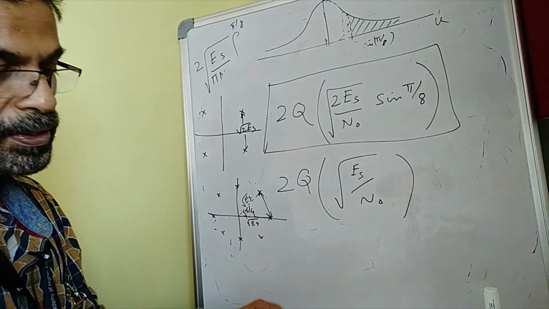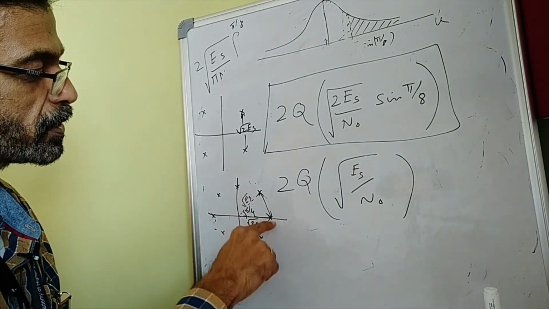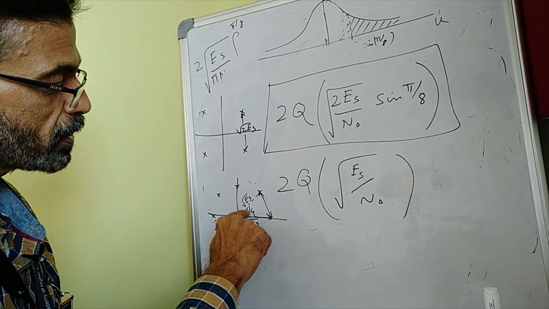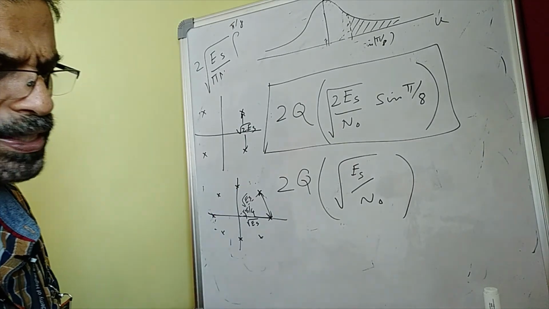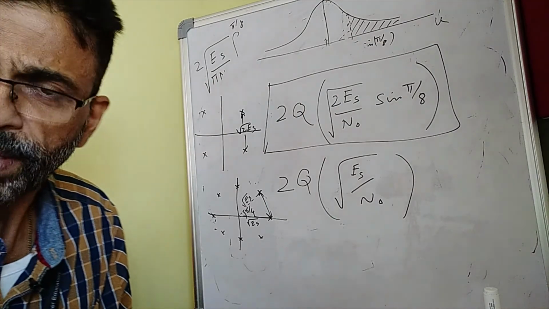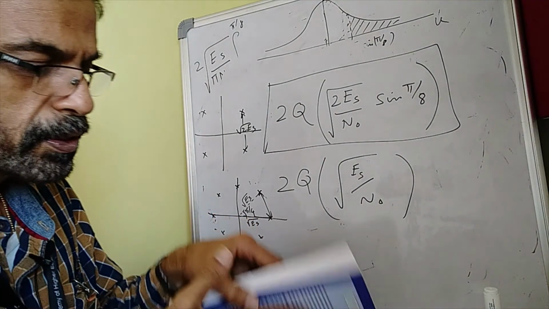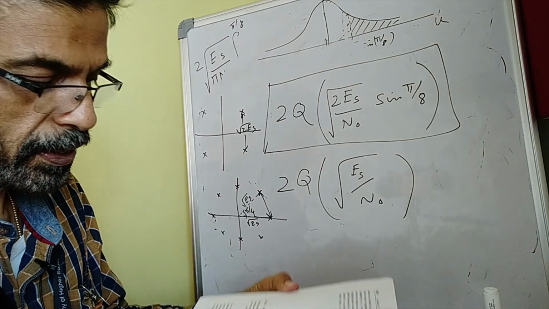So you can use elementary trigonometry. This is not a right angle triangle, by the way, but if you draw a line which bisects this angle into pi by 8 and pi by 8, you will get a right angled triangle, and you can use simple trigonometry.